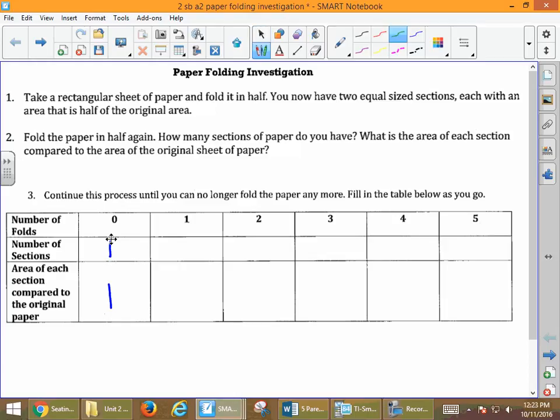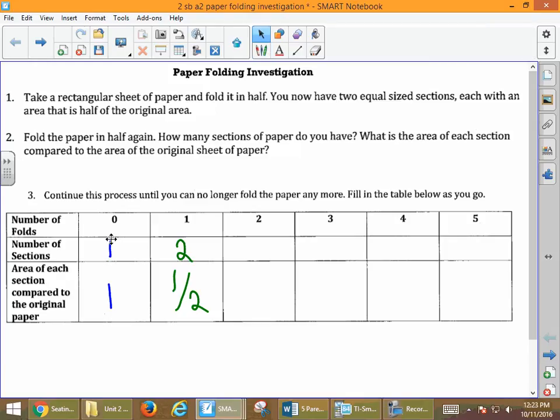So now, if you look at our chart over here, it says number of sections. Well, we've got two sections now. And our bottom category says area of each section compared to the original paper. Well, now each section is half as big as our original piece of paper.